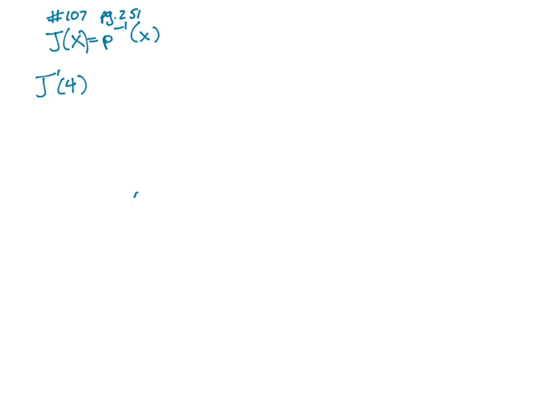If J is the inverse of P, then J prime of x is the derivative of the inverse of P of x. Anytime I'm taking the derivative of the inverse function, I use my formula: the derivative of the inverse function is equal to 1 over P prime of P inverse of x. Is this why I had you memorize it?